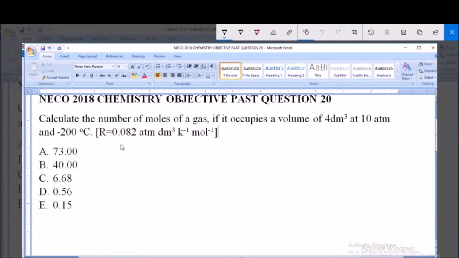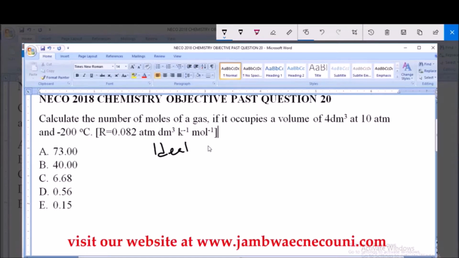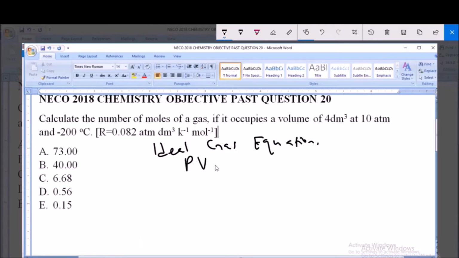From the variables given in the question, this is a calculation involving the ideal gas equation. The ideal gas equation is given as PV = nRT, where P is the pressure, which we have here as 10 atm, V is the volume in dm cube, n is the number of moles, R is the ideal gas constant, and T is the temperature in Kelvin.